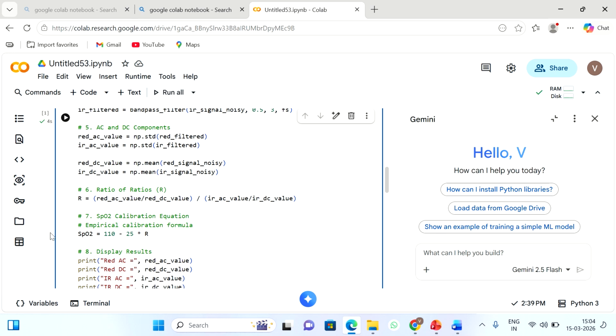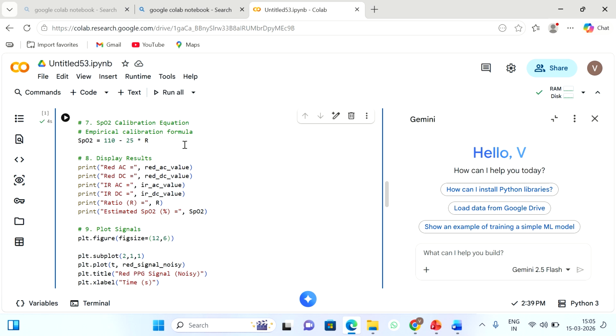Finally, from the R value we have to calculate the SpO2, which is the oxygen saturation of the blood, the percentage of saturated oxygen present in the blood. For this we have a standard calibration formula: SpO2 is equal to 110 minus 25 times R. R we have already determined.